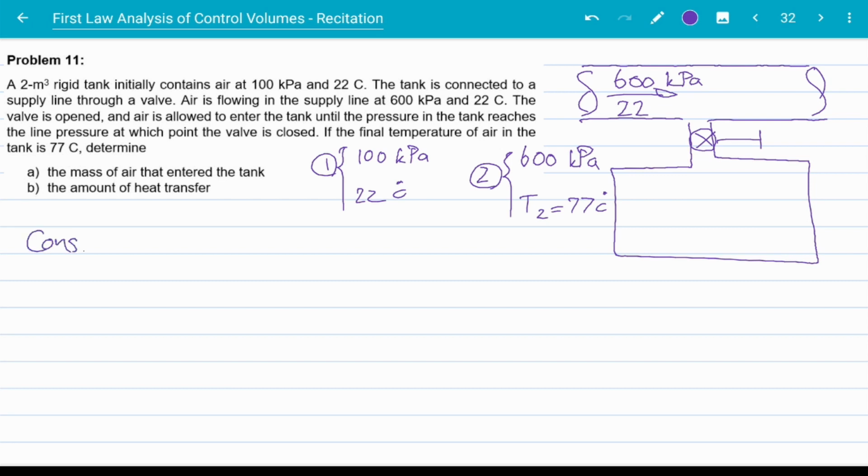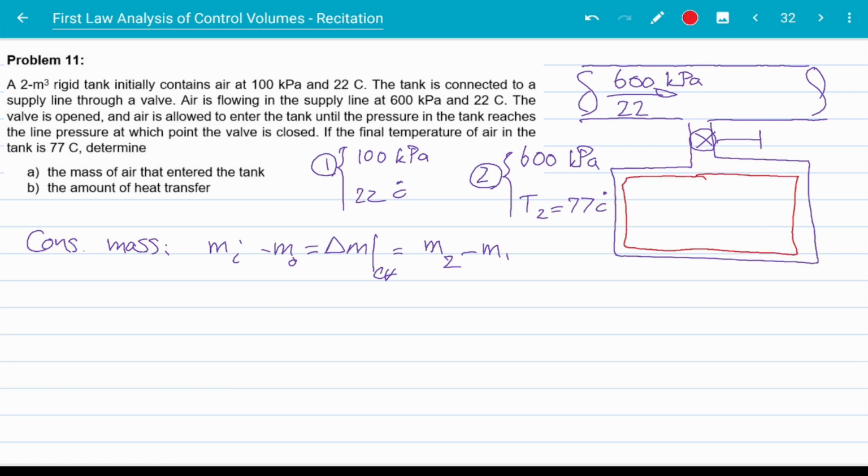Conservation of mass states that mass coming in minus mass going out is equal to the change of mass of our control volume, which is M2 minus M1. If the red line here shows the boundaries of my control volume, no mass is exiting, so this term can be dropped. Mass coming in is equal to M2 minus M1.